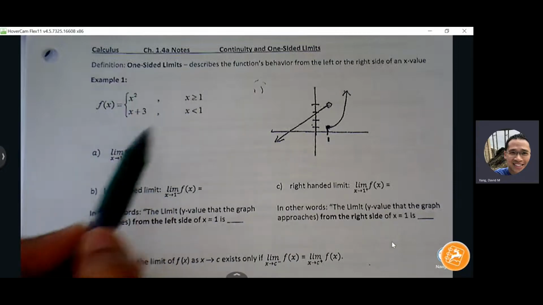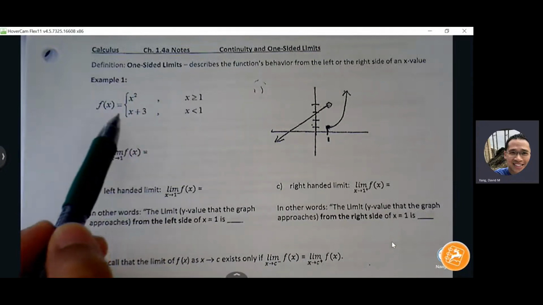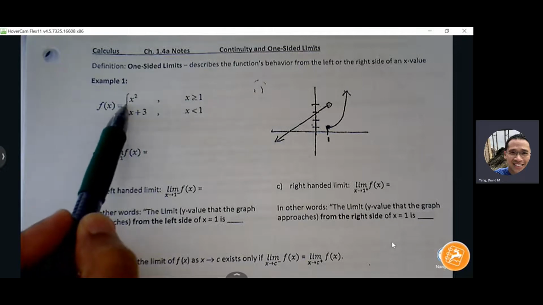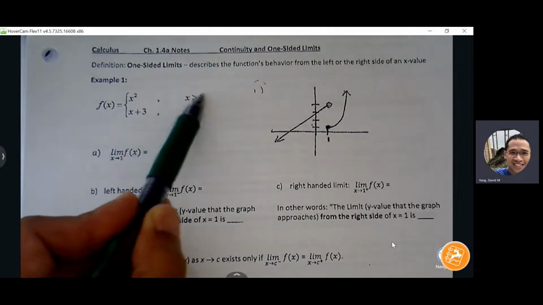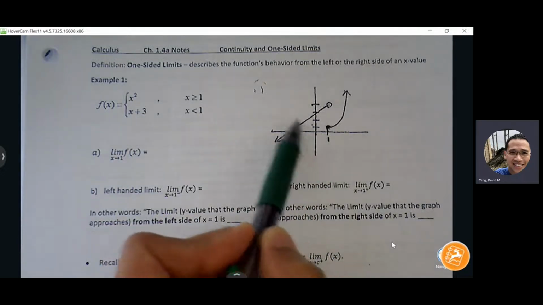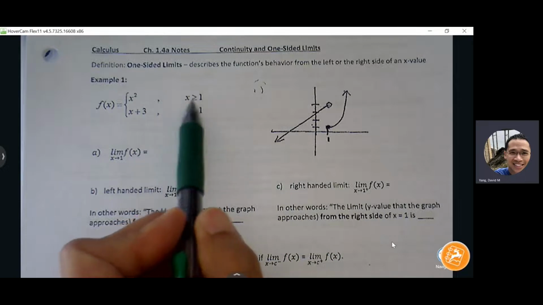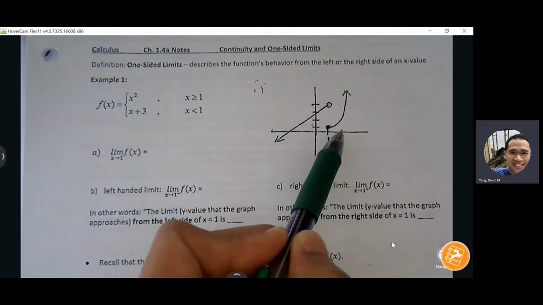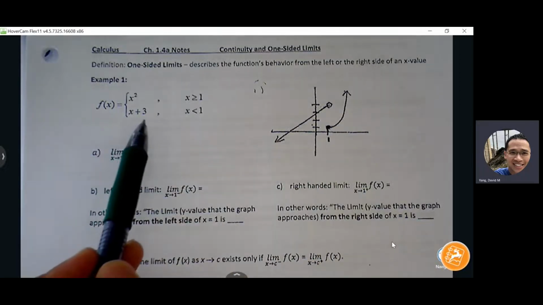So let me start off with this piecewise function. We're showing two graphs. There's a parabola, but the parabola is only going to be showing to the right of one. So you see that there's a parabola here, but it's getting cut off because it's only being defined to the right of one. So this is what the parabola portion of the graph will look like. Next up is x plus 3.